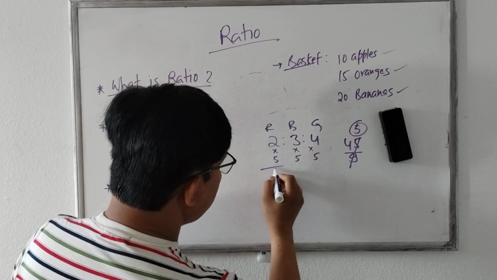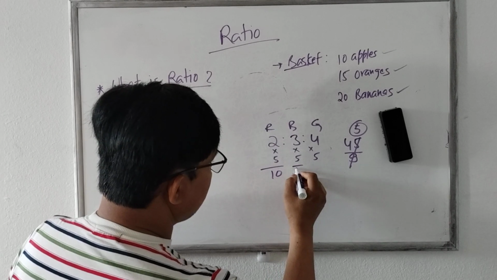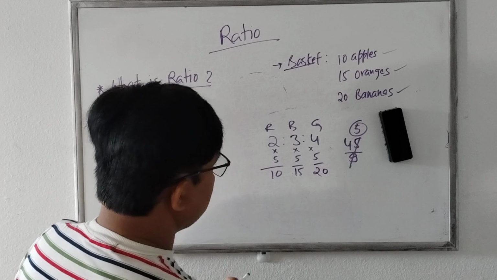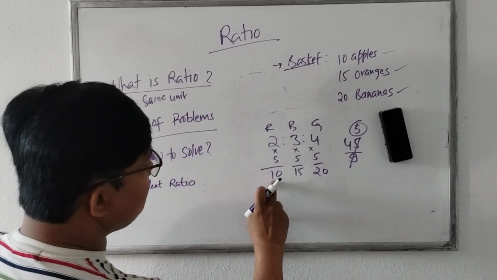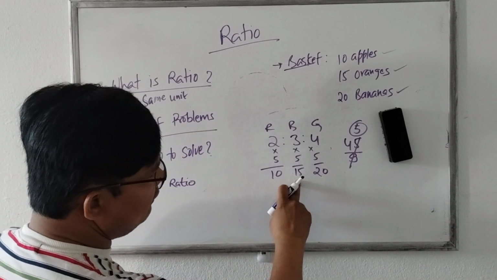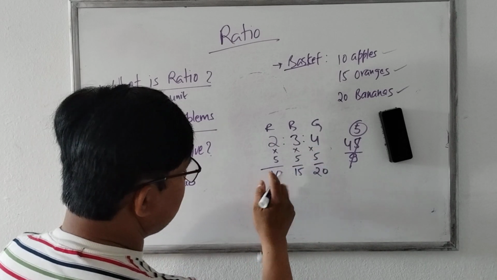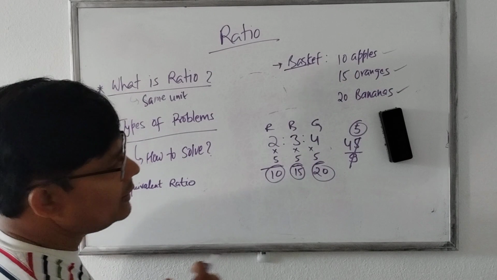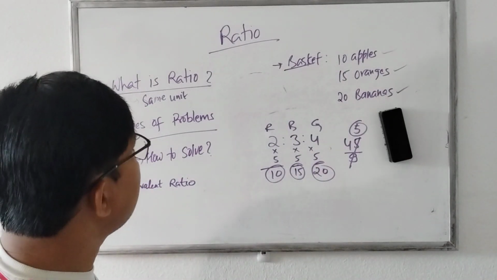Whatever you get will be the actual number of marbles in the bag. So 10, 15, and 20. 10 plus 15 is 25, plus 20 is 45. So these are some of the basic types of questions you will get in ratio.